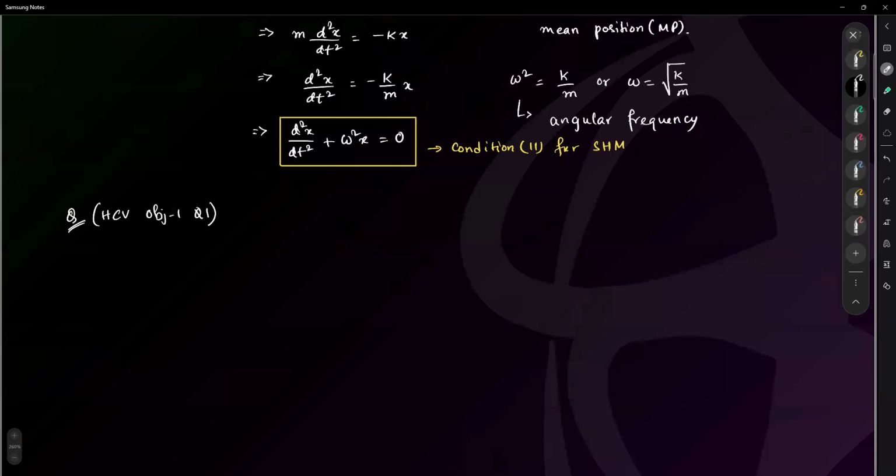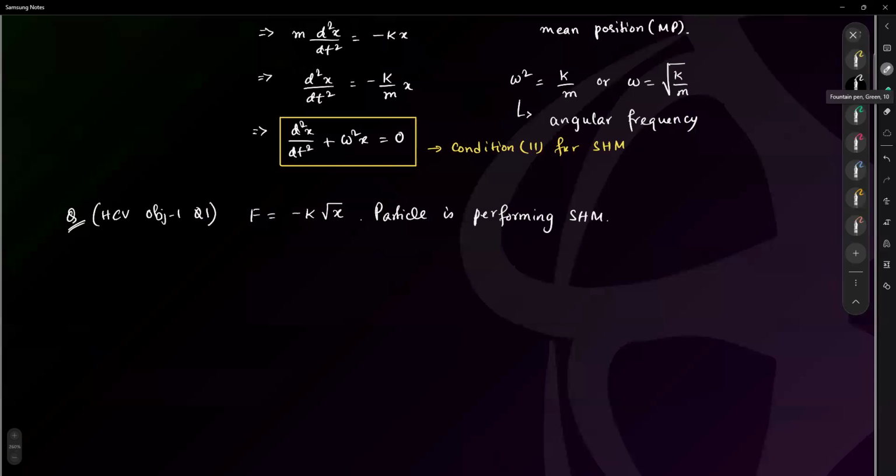There, an equation of motion is given. The equation of motion is F equals to minus k root over of x. And it is said that the particle is performing SHM.